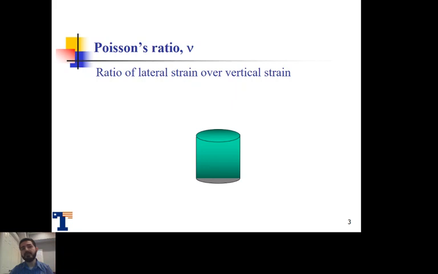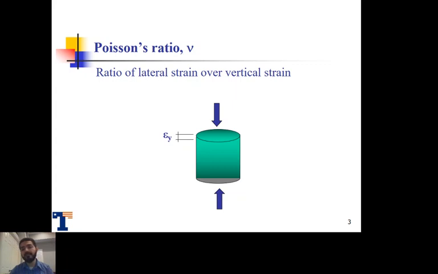Poisson's ratio, as we know, is a ratio of the lateral strain over the vertical strain. So when you apply a vertical stress or compressive stress, this sample will deform in the y direction. So it's going to compress. That compression, we call it again epsilon y.